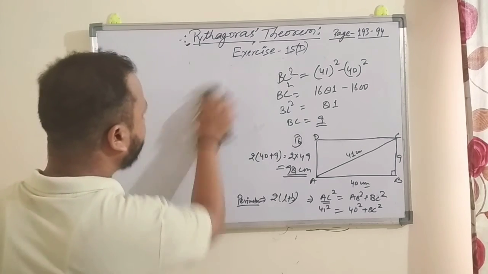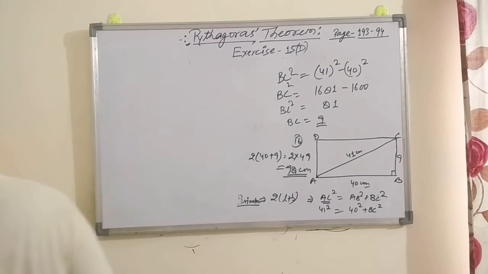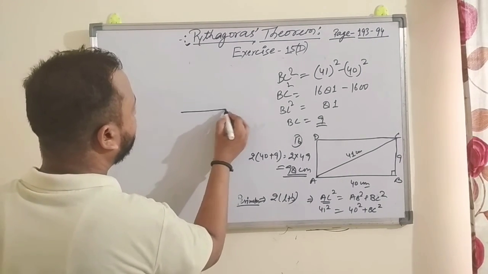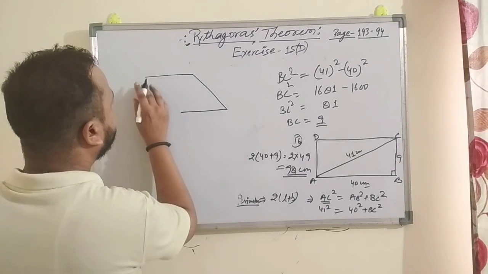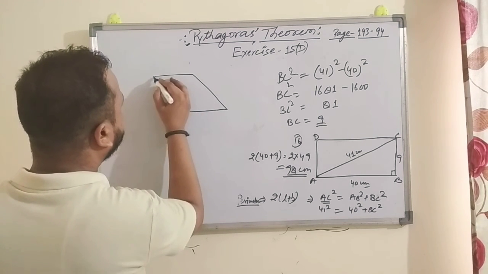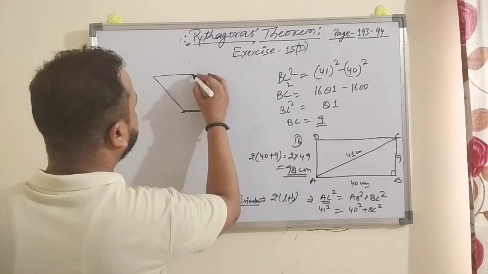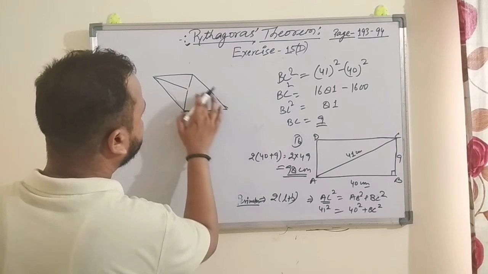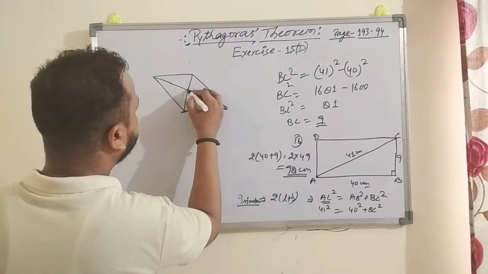In this question, you have to find out the perimeter of the rhombus. We know that if we are talking about the rhombus, the diagonals of a rhombus bisect at 90 degree.